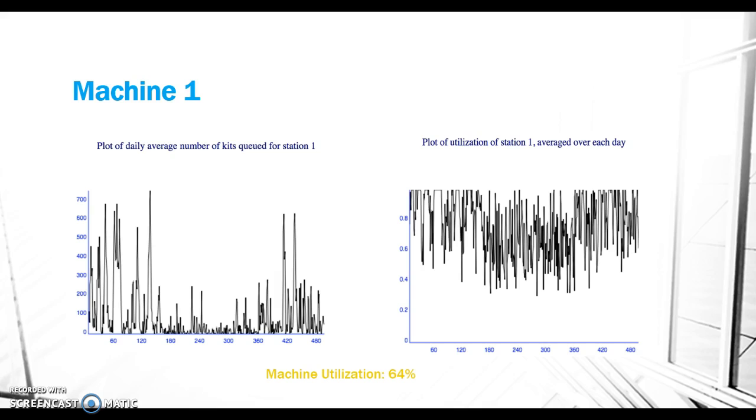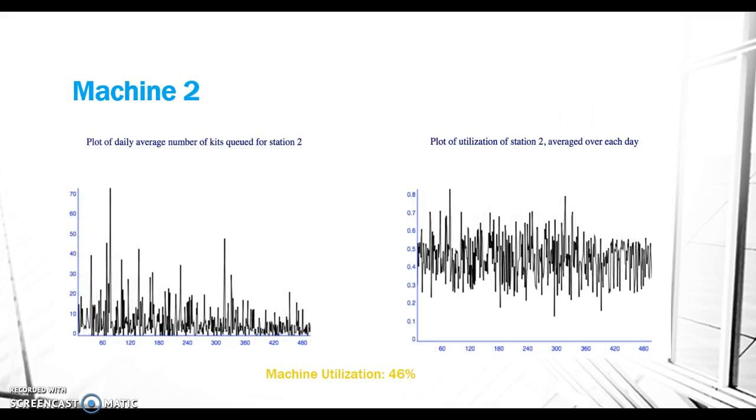It shows that since we had machine utilization at 100%, we had bottlenecks there because we couldn't do any more with that. So we bought another machine to have a higher capacity because there was a buildup in the queue of all the jobs we had. Buying another machine allowed us to have more capacity so we could meet demand better. And so for machine 1, averaged over the entire run, we ended up with a machine utilization of 64%.